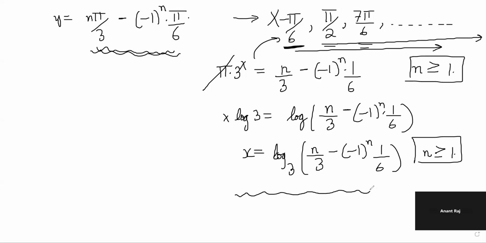Yes, sir. Similarly, in the other cases also, you have to simplify in the same way. You cannot leave the answer in y. You have to find it in terms of x, right? So whatever you get in terms of y, you have to make sure that the answer has to be positive. So the values of n cannot be all possible integers. They have to be restricted. Do you understand? Yes, sir.